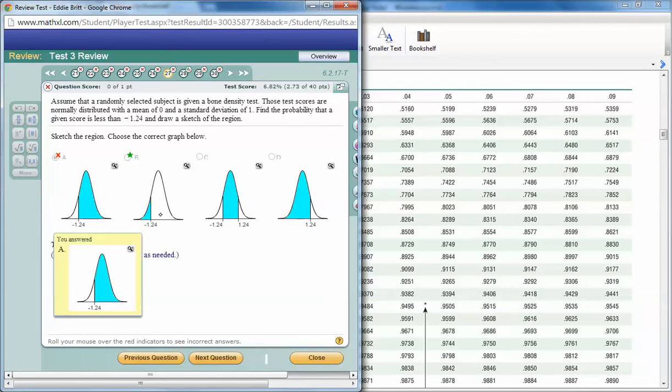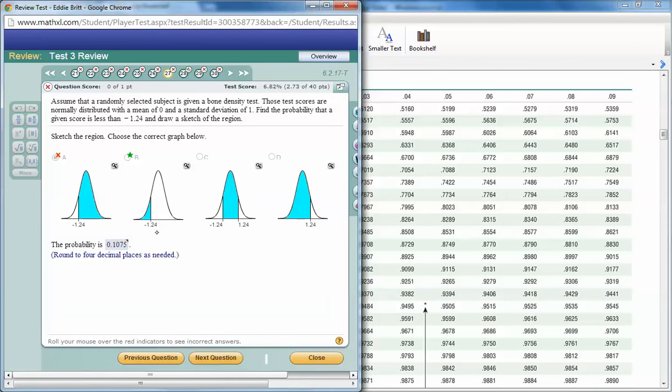Remember, negative z-scores are on the left side of the center, so it's got to be this one right here. It's not this one because that's shaded to the right. It's not this one because it's in between two z-scores. It's not this one because that's a positive 1.24. The problem says negative 1.24.